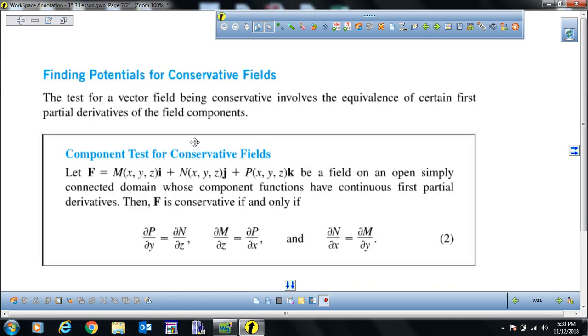And last, this is how we test if a field is a conservative field. And again, what does it mean to be a conservative field? That the work along any path is always the same, no matter what path we take.